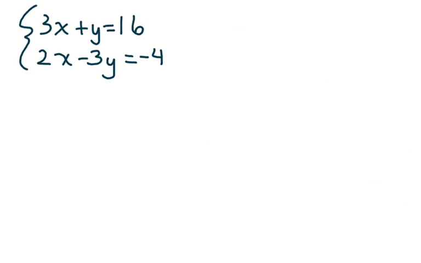And the last one, I have this system. Now, which one do you think we should revise for step 1? We're going to use this one because my y here is all by itself. It makes it easier. So I'm going to rewrite this as y equals negative 3x plus 16. I'm moving the 3x over. It's positive, so now it's going to be negative.